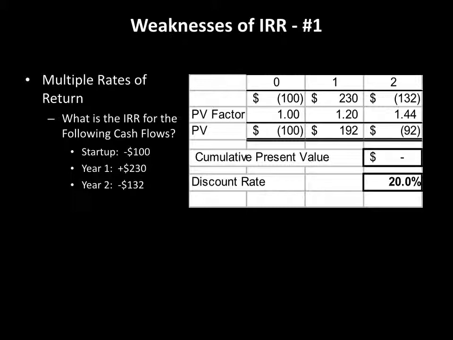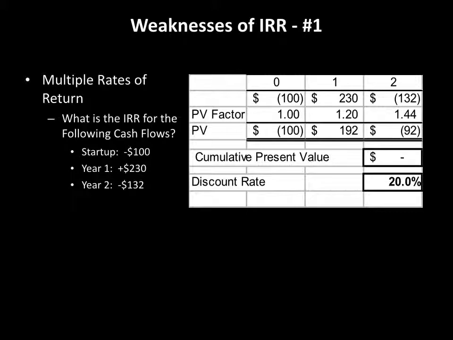What that means typically is when you start with a negative cash outflow, the investment, and then you lose money in later years, like in this example, year 2, you can end up with 2 different internal rates of return.